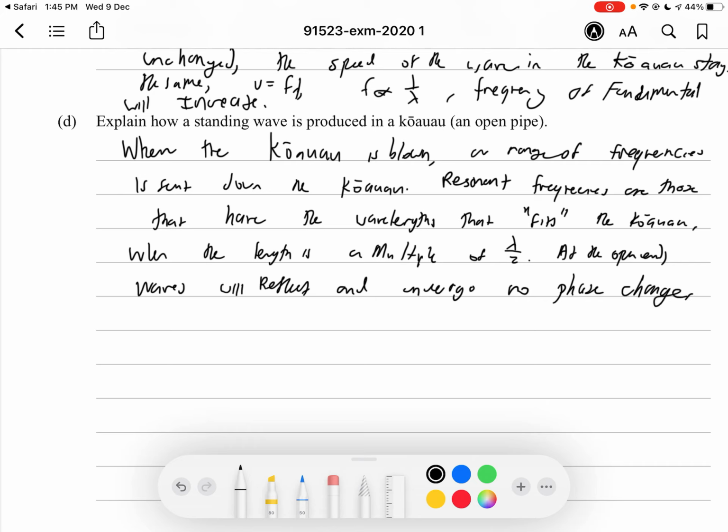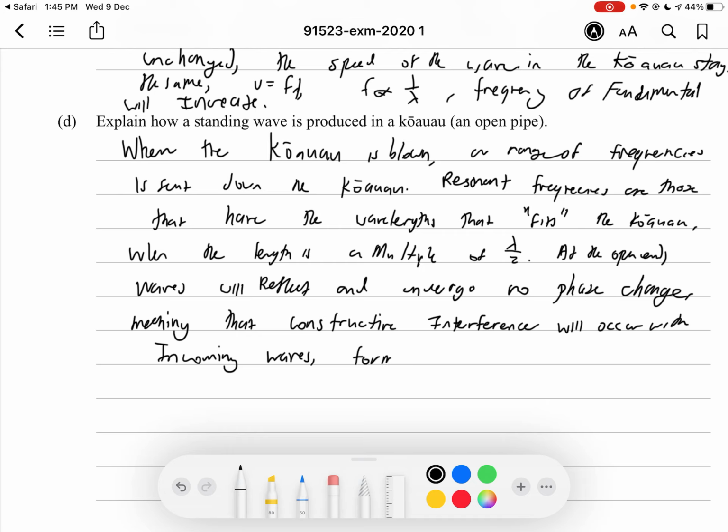Undergo no phase change, meaning that constructive interference will occur with incoming waves, forming an antinode. So we can say that's maximum disturbance.